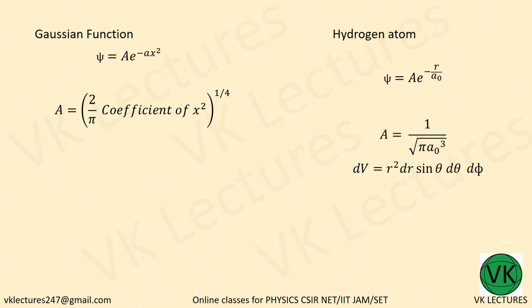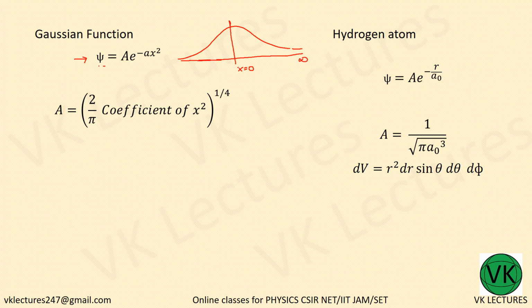For a Gaussian function, we have the general wave function formula as psi is equal to A e to the power minus a x square. So the Gaussian function will be something like this. We have the x-axis here and the y-axis over this. This is our Gaussian function, and this is the center of the Gaussian function, x equal to 0.